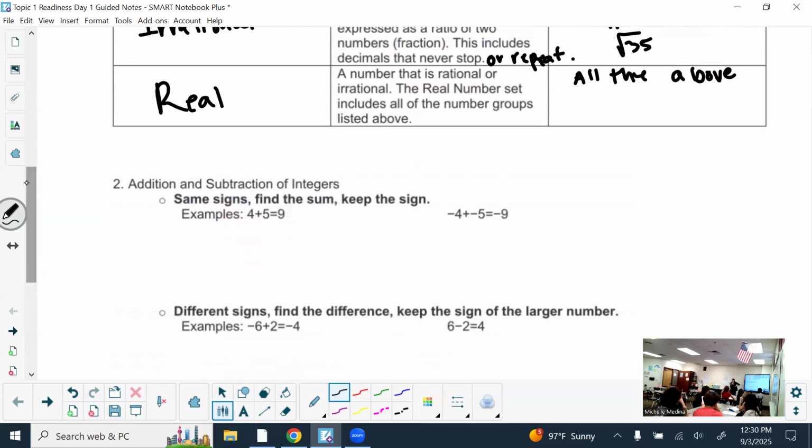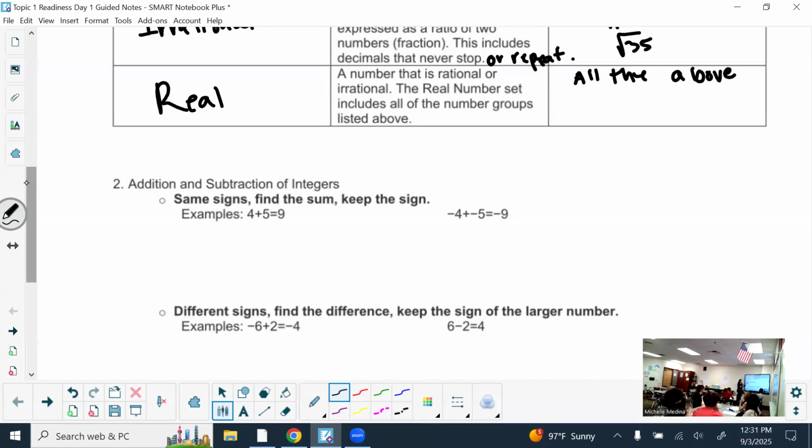Okay. So now we're going to get into operations with integers. And today when we do the flow kit, I'm going to ask you not to use a calculator. In any other situation, I prefer you to use a calculator. But today, to practice fluency, we're going to not use the calculator. First, it starts off easy.